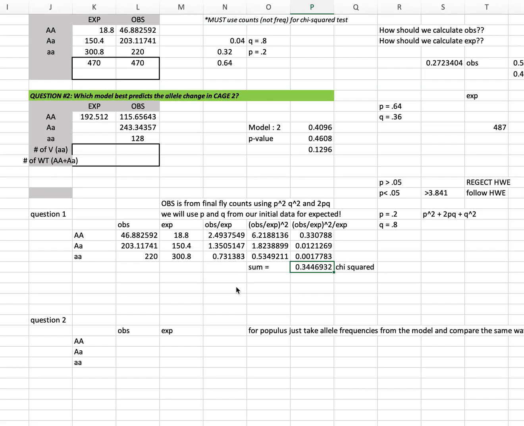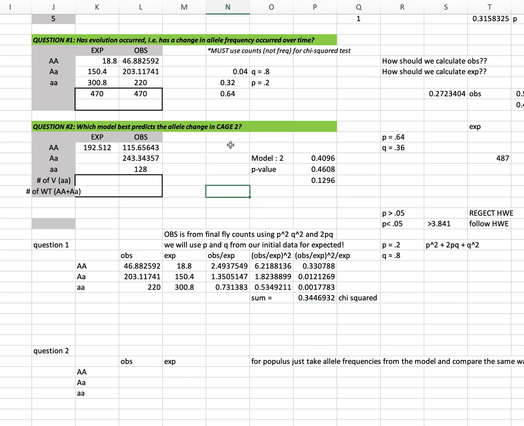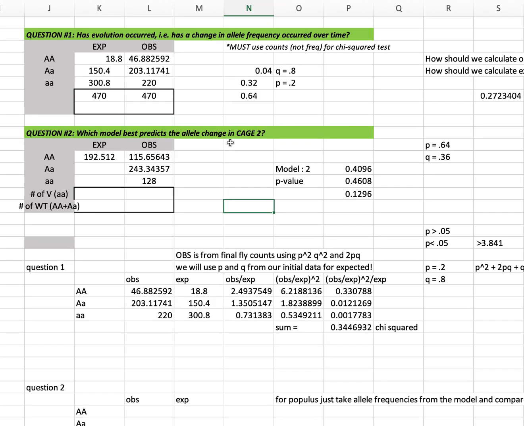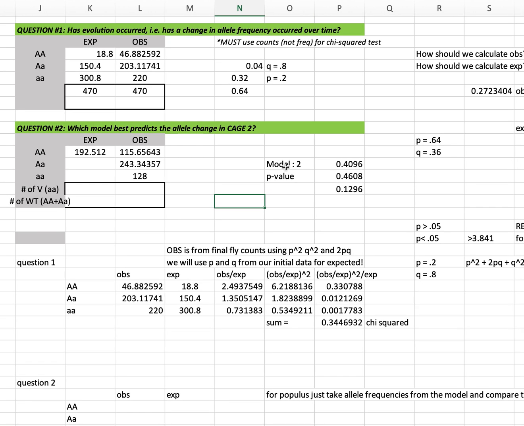You'll be using the same method to find your chi-squared values for the population model that we ran a while ago. You'll take allele frequencies from at least generation 4, where we want to predict what model is closest.